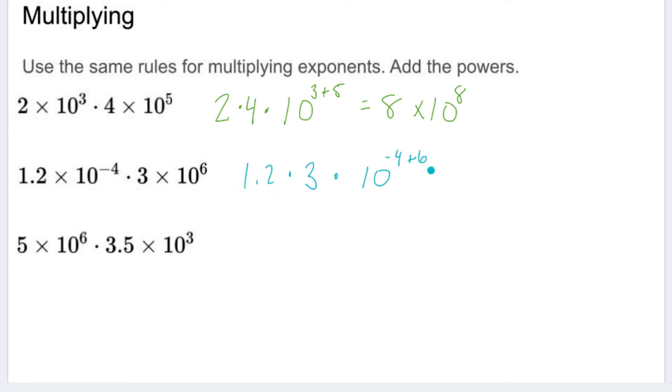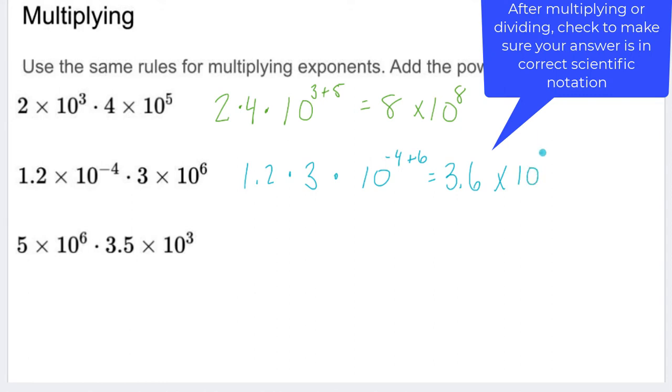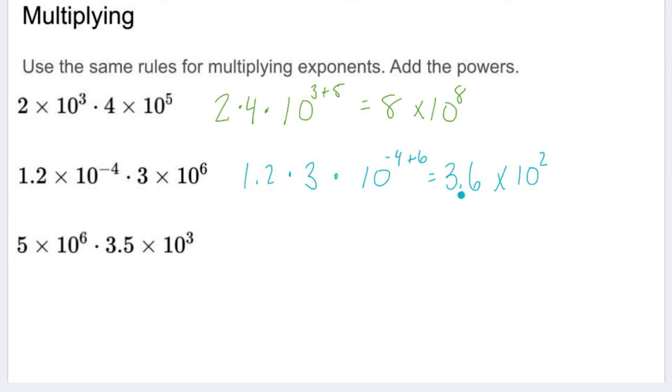So 1.2 times 3 is 3.6, and negative 4 plus 6 is 2. So 3.6 times 10 to the 2nd. Whenever you do this, always check to make sure your answer is in scientific notation. Is the decimal behind your first digit? Yes, so we can move on.